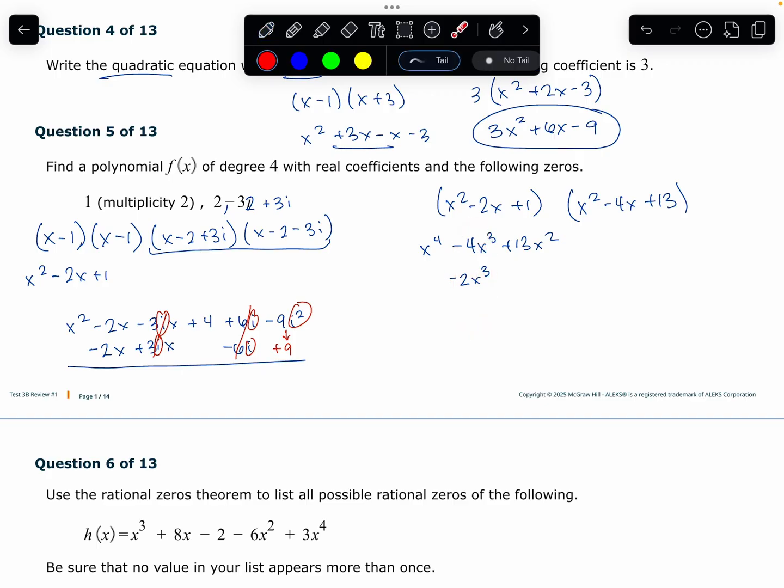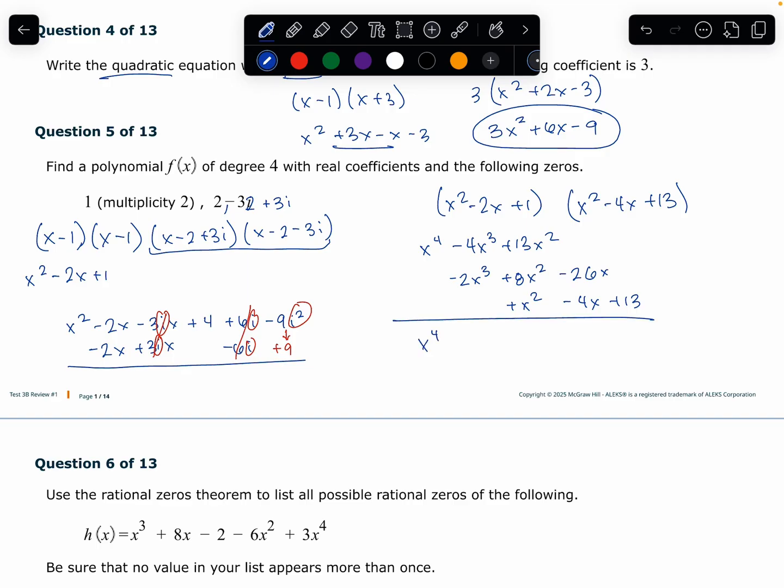So negative 2x times negative 4x is positive 8x squared, so I'm going to stack that here. Negative 2x times 13 is going to be negative 26x. Then 1 times x squared is going to be plus 1x squared. 1 times negative 4 is going to be negative 4x. And then 1 times 13 is going to be positive 13. And I just combine vertically.